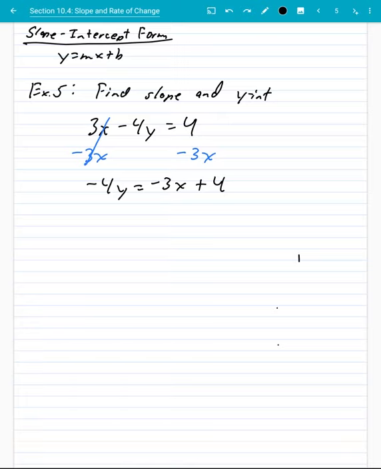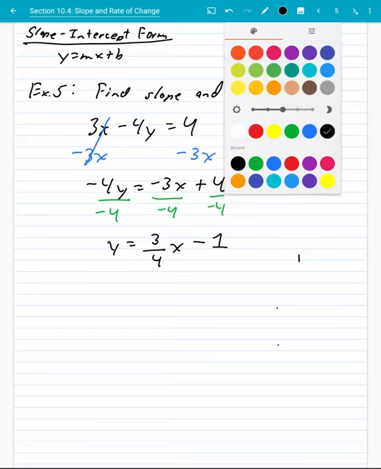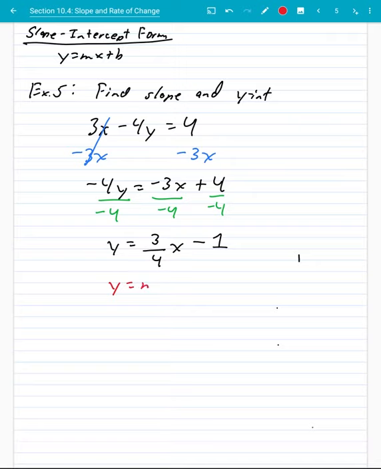And then your last thing, you got to get rid of the negative 4. Divide by negative 4 on everything. That gives you y equals, remember, a negative divided by a negative makes a positive, 3 over 4x. 4 divided by negative 4 is negative 1. Now it's in the format y equals mx plus b.